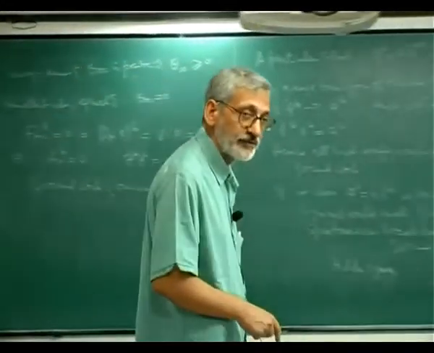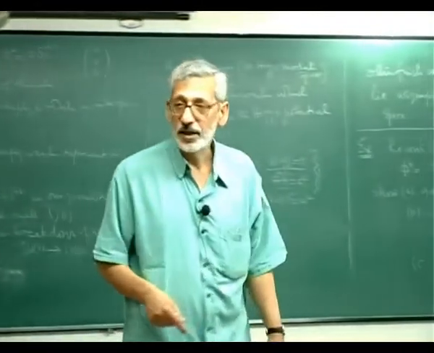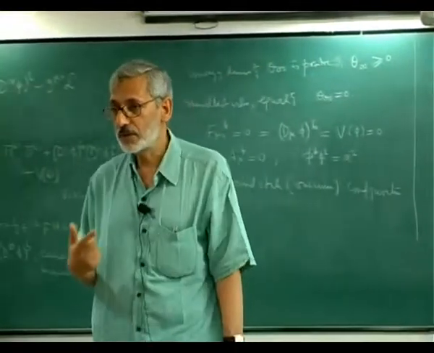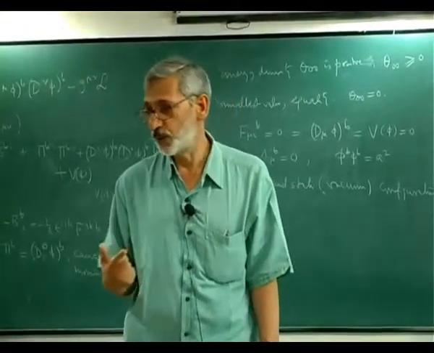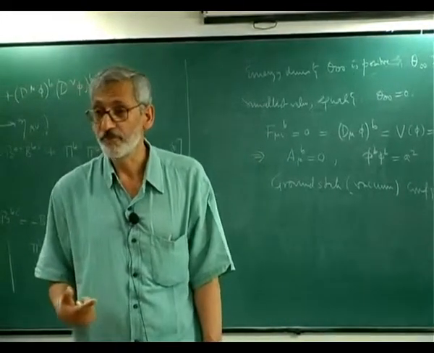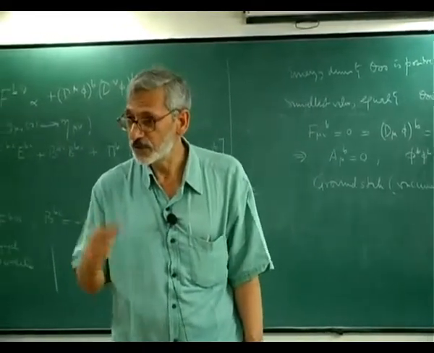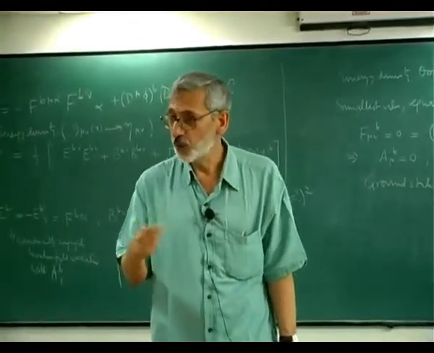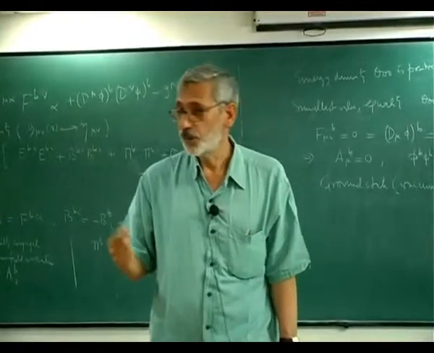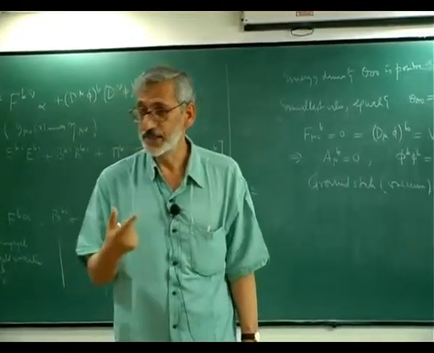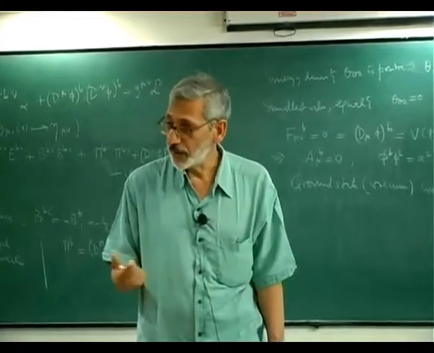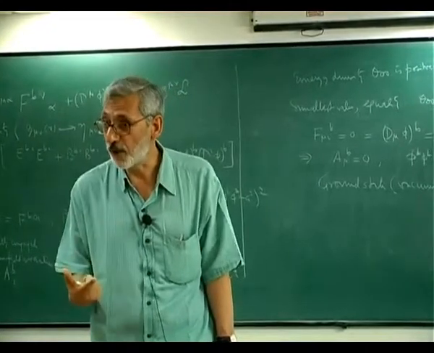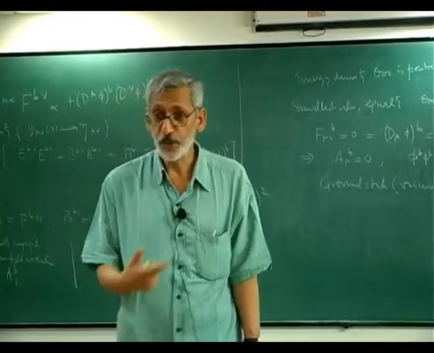Or in other words, when you rewrite this in terms of these fields, you would have terms which have derivatives of W plus and W minus. From the capital F square terms, you should be able to extract d mu W plus times d mu W minus. Now, for U1 gauge invariance, these must be covariantized, so you must get them in a covariantized form with respect to the U1.